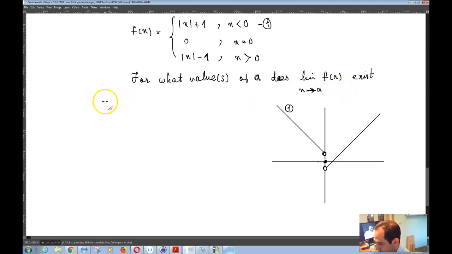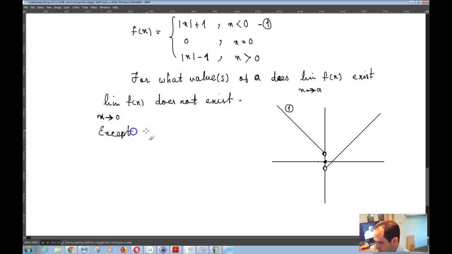So you can say that the limit of f of x when x tends to 0 does not exist.